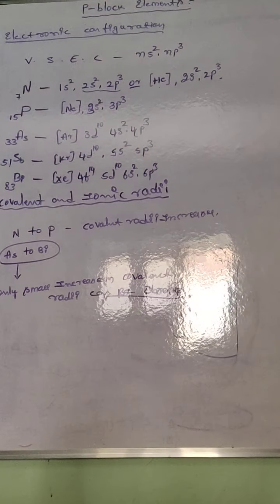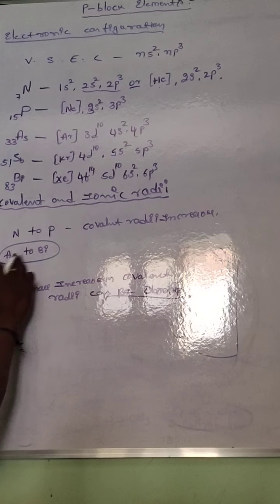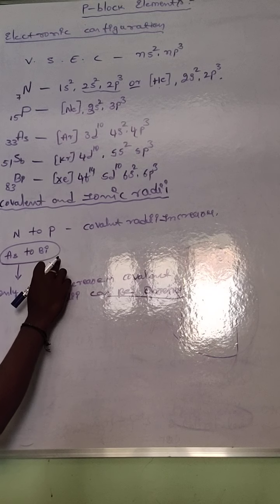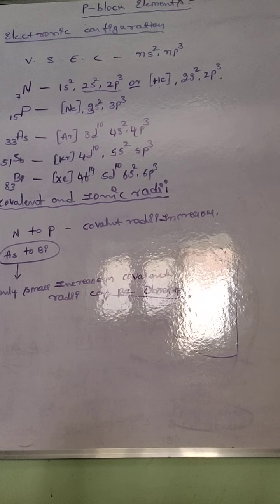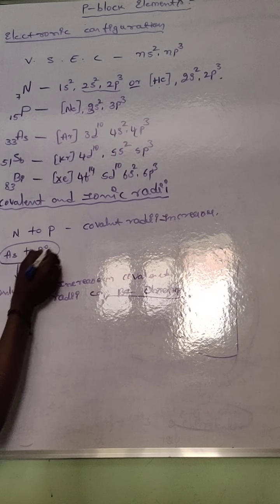Sir, why is only a small increase in the covalent radii observed from arsenic to bismuth? Due to the presence of completely filled d and f orbitals in the heavier members.